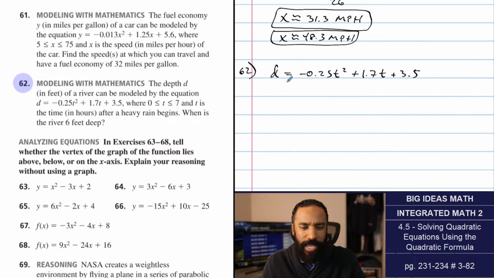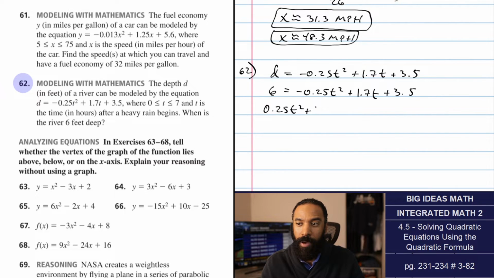So 6 feet deep. Let's find what times. Again, I'm going to move this stuff over: 0.25 t squared minus 1.7 t plus 2.5 equals 0.